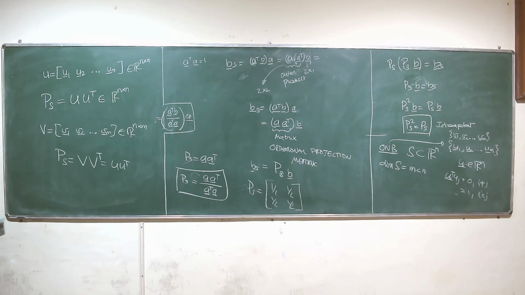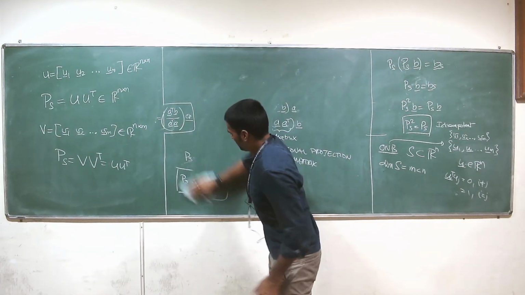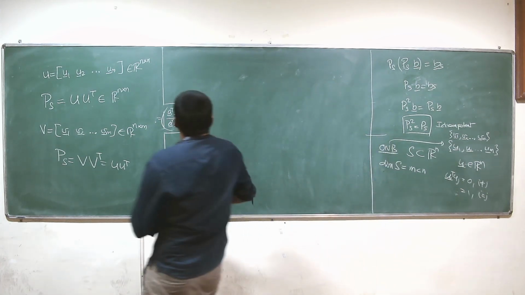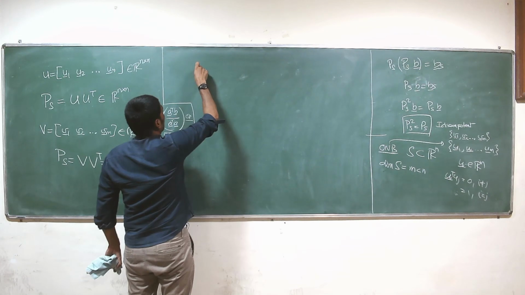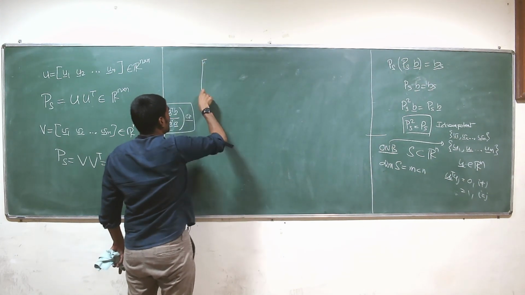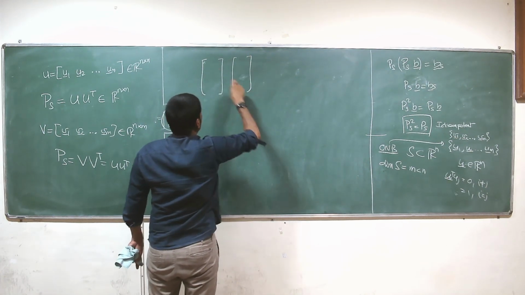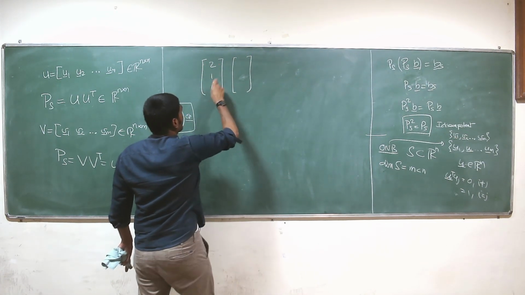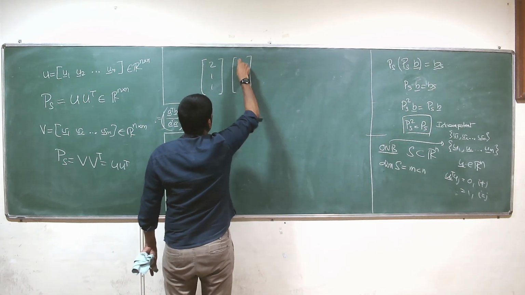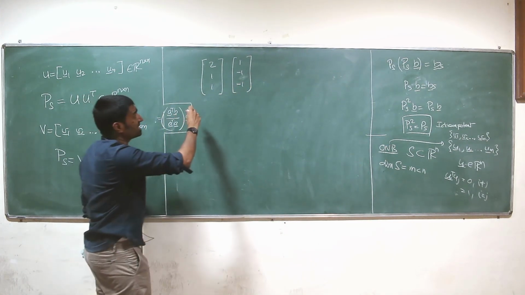We will quickly look at an example. Let's say we're talking about R3. Let's say we have two basis vectors like this. We're talking about a two-dimensional subspace. These are not normalized.